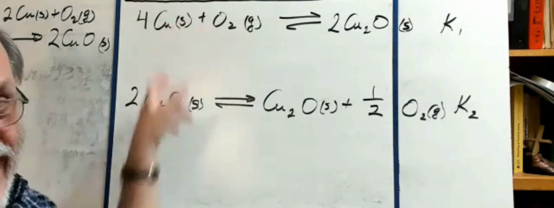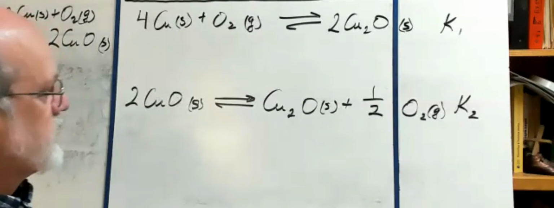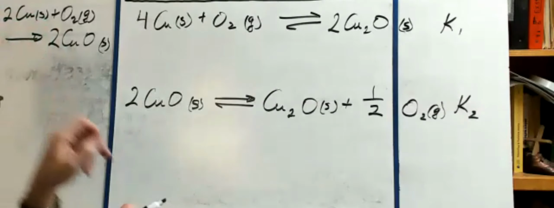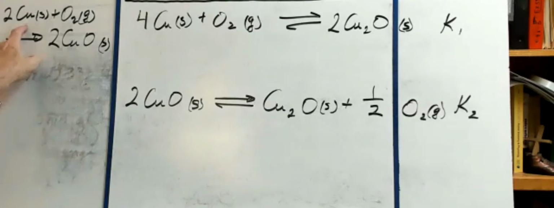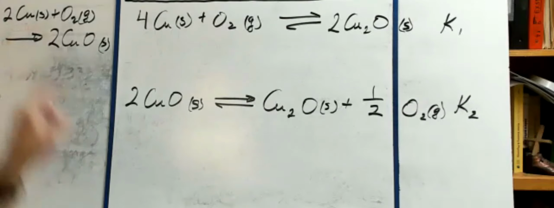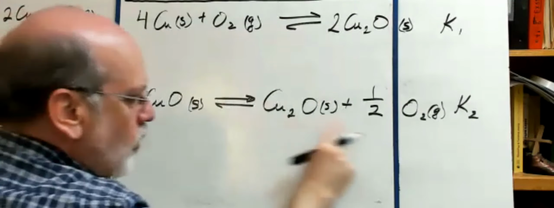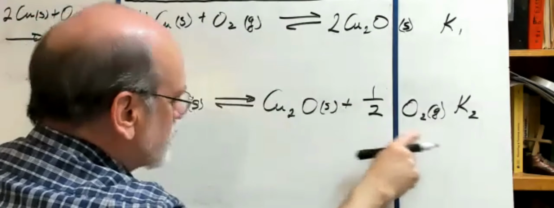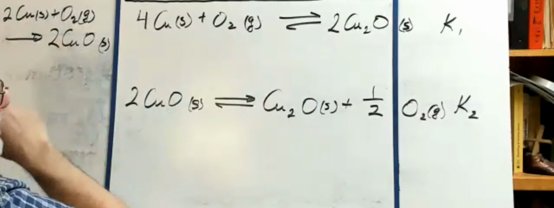But we can't just add these two together, because they won't give us this reaction. Right? We need to adjust them so that we have 2 coppers on this side. So we got 4 coppers here, and we need 2, and there's no more copper down here, so we have to adjust this one to give us only 2 coppers.